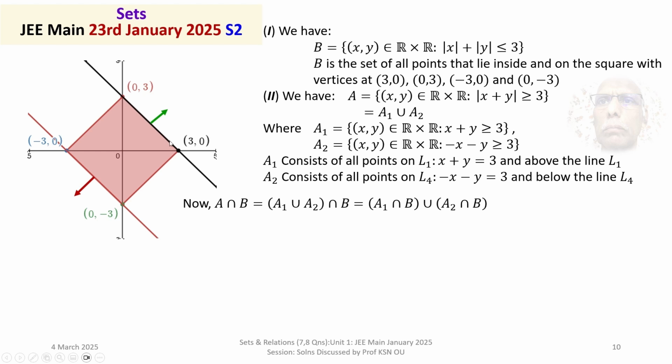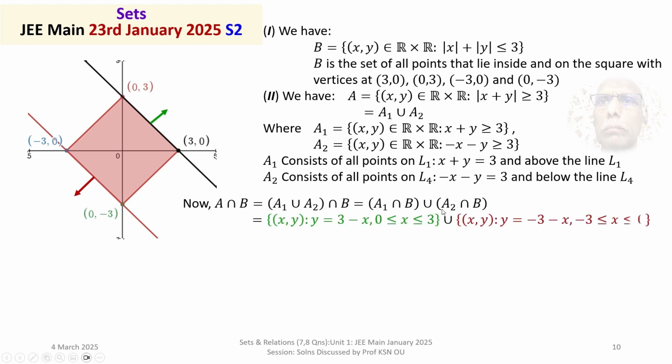All points on this line and the points above the line, intersection with B, it is the line segment joining 0, 3 to 3, 0. That is the set of all ordered pairs x, y, where y is equal to 3 minus x, where x varies from 0 to 3. This is A1 intersection B.